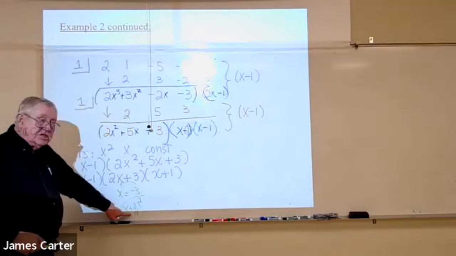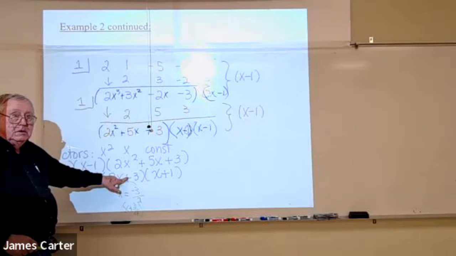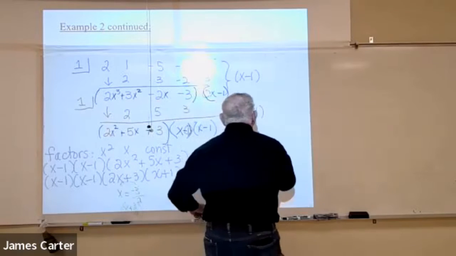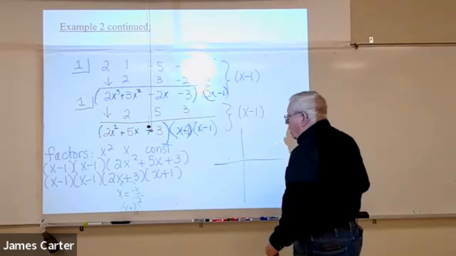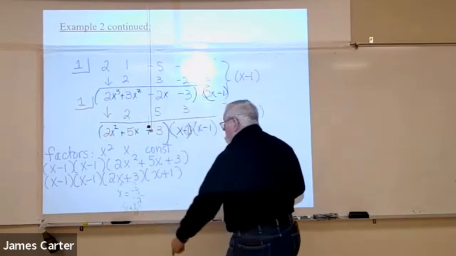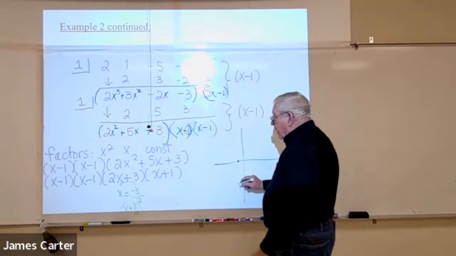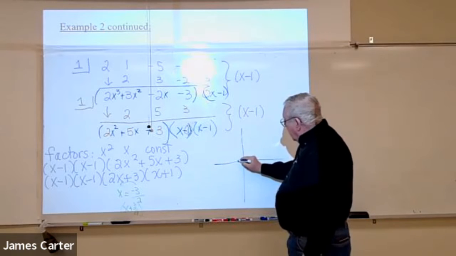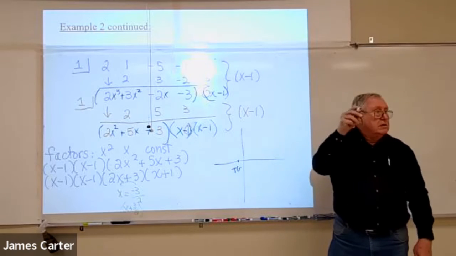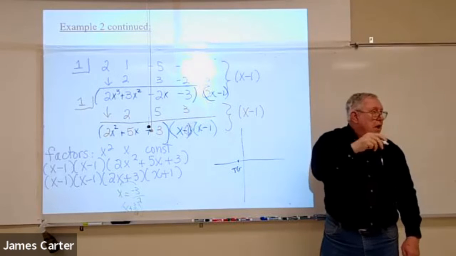Now, the advantage of this one is it's easier to graph than that one. To graph this thing, which the problem does not ask us to do, we've got factors of x minus 1, x minus 1. Okay, that means 1 here. Factors give me the opposite. And I know that this one is a touch and go one, a turning point, either this way or that way. I don't know yet.